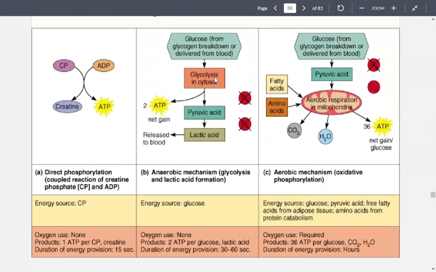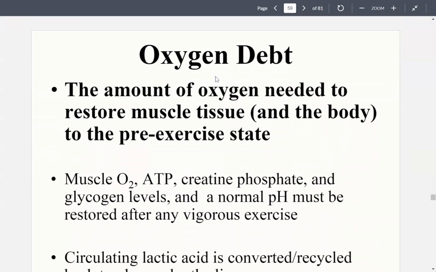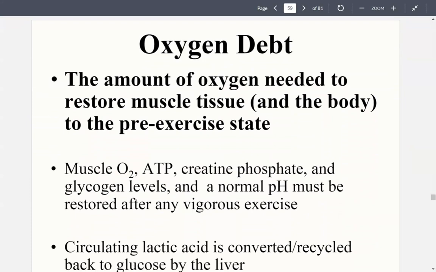This particular diagram is helping to summarize these 3 steps. If we are using the anaerobic version of this, we go through glycolysis, we then convert the end product into lactic acid. This is going to create something that is referred to as an oxygen debt.